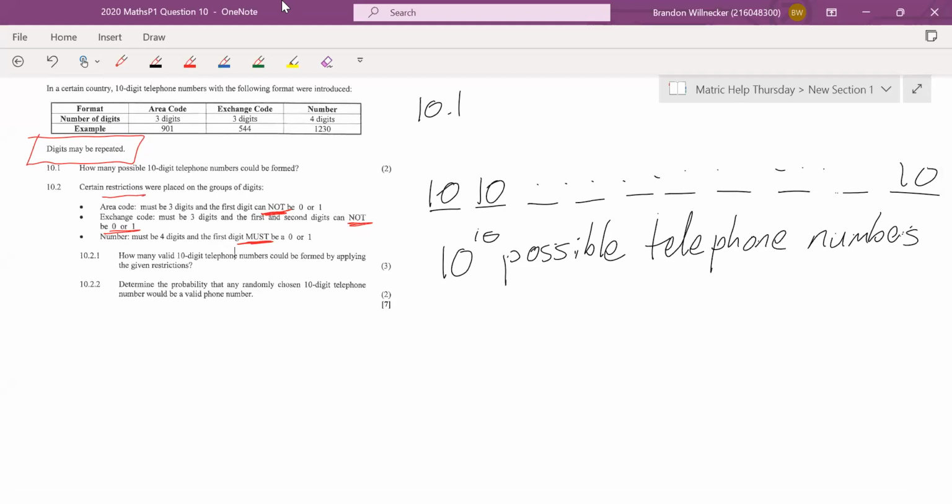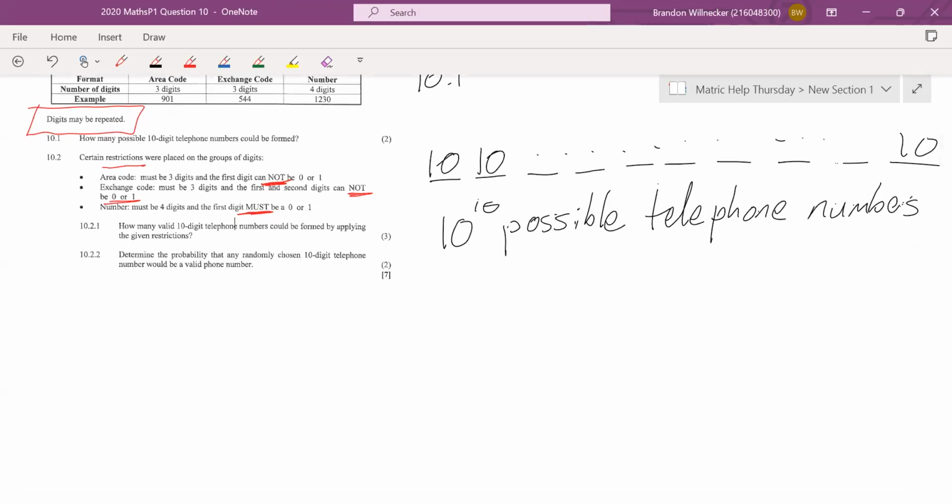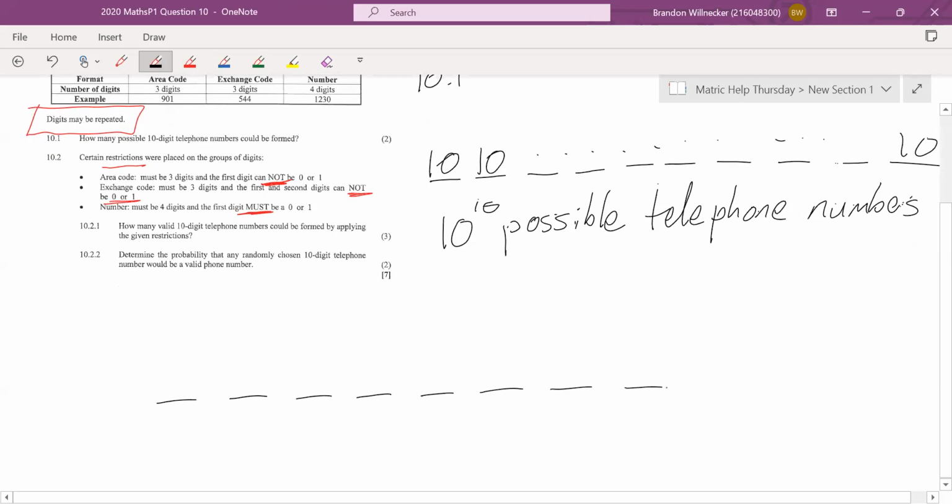How many valid 10-digit telephone numbers could be formed by applying the given restrictions? Okay, so let's go through that again. It's still 10 digits, so let's write here 1, 2, 3, 4, 5, 6, 7, 8, 9, 10.